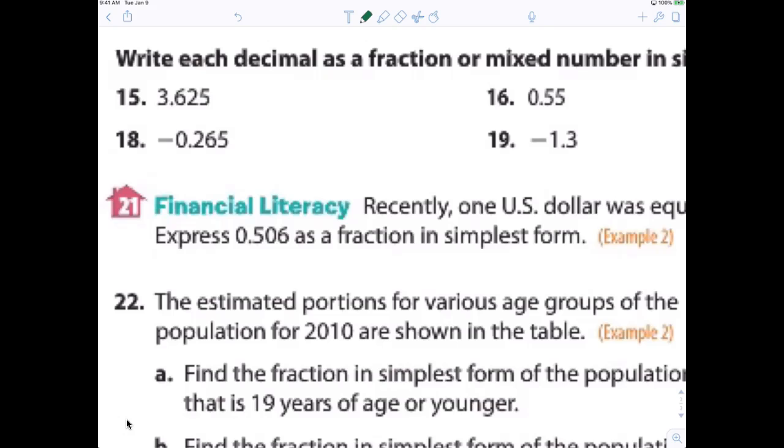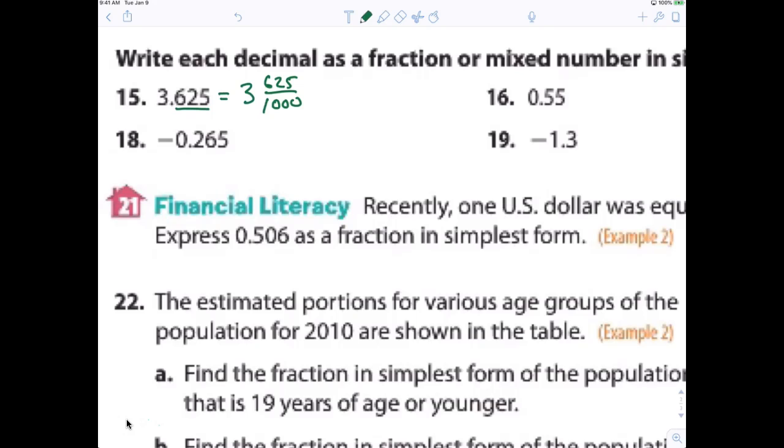3.625. Somebody tell me what fraction that is. 3.625 over... Now, how many decimal places are there? Yes, 1,000. The number of zeros corresponds to the number of places after the decimal. So that's the same as 3 and 625 over 1,000.